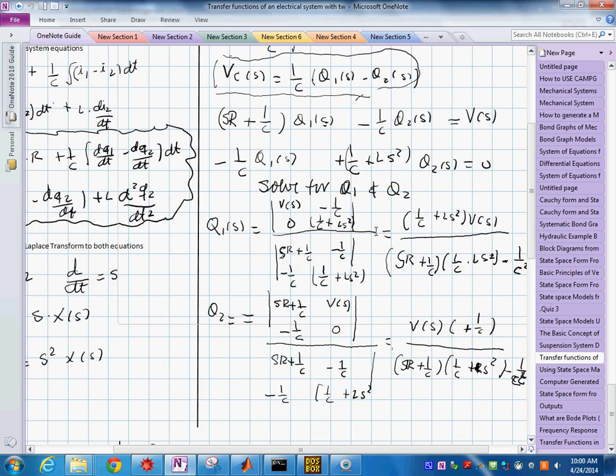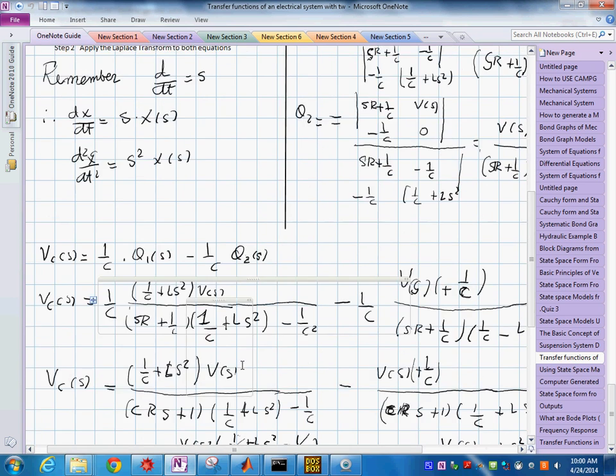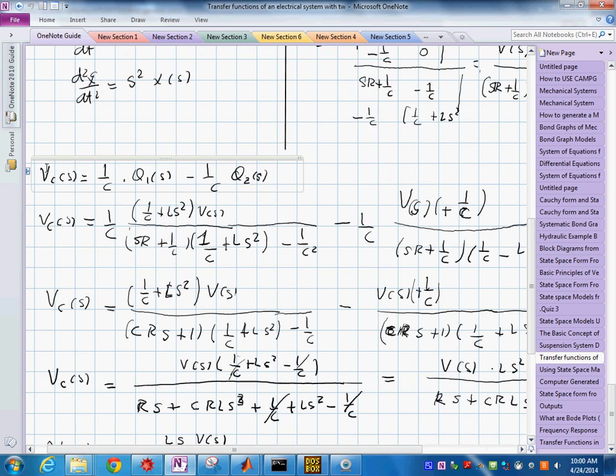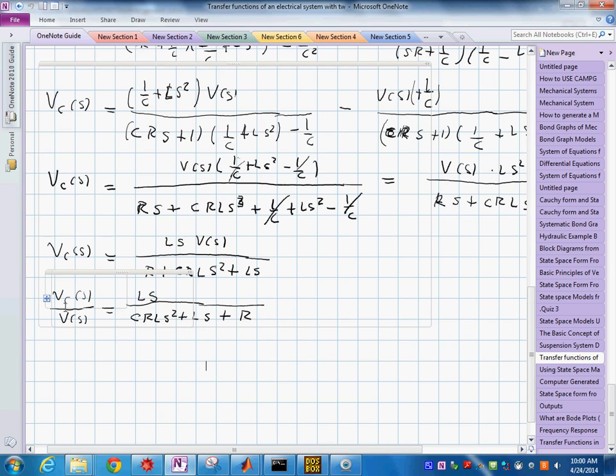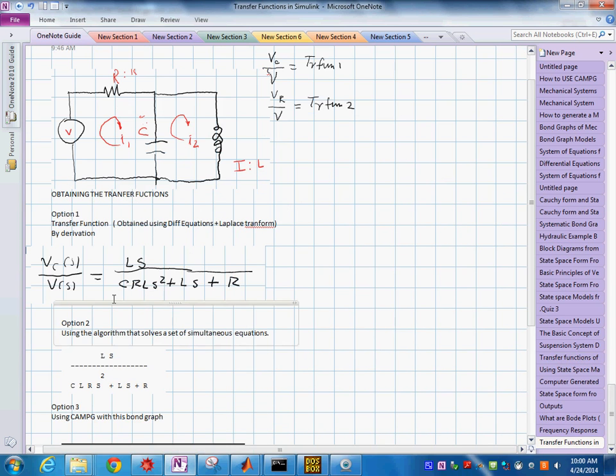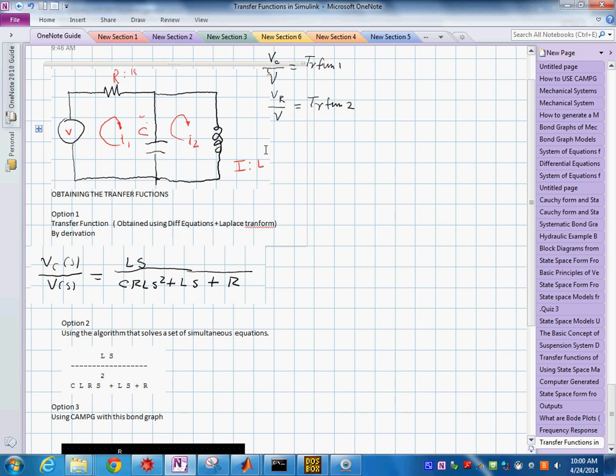Using Cramer's rule, we found Q1 and Q2, and using that, we found the voltage across C in relationship to the input, and that's how we obtained this transfer function. So that's just a reminder of what we had done in the past. That's how we ended up over here.